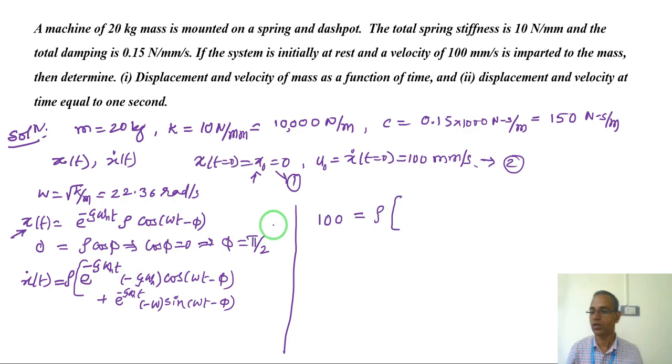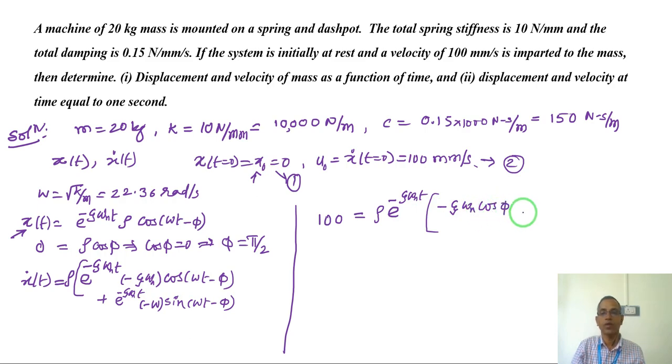The e to the power of minus xi omega n t can also be taken as common, and substituting t equal to 0, this will become minus xi omega n cos phi minus omega, minus of minus become plus sin phi.